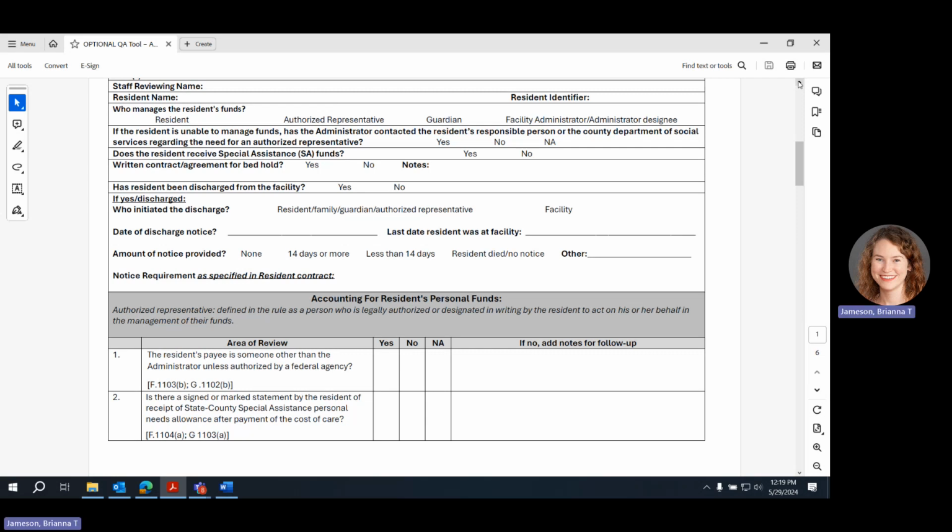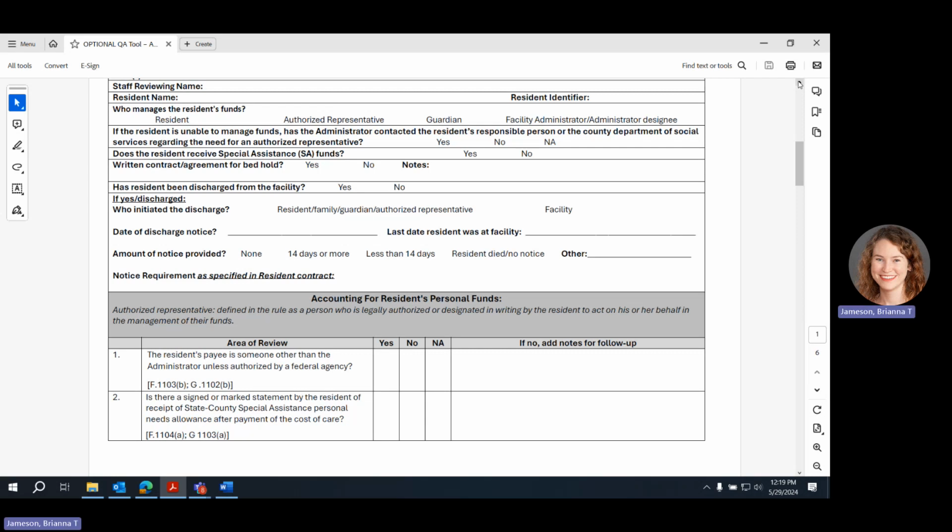The first area of review is the resident's payee, someone other than the administrator unless authorized by a federal agency. There are boxes that can be checked under yes, no, and not applicable. If no is checked, add notes for follow-up on the right side of the page.